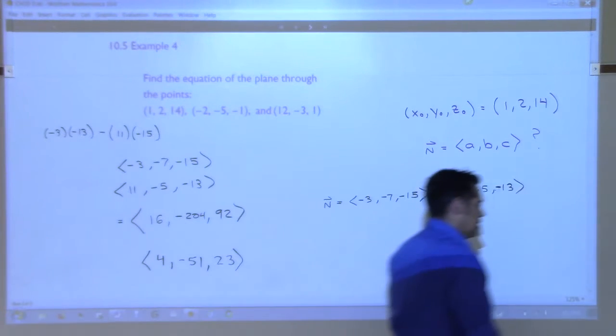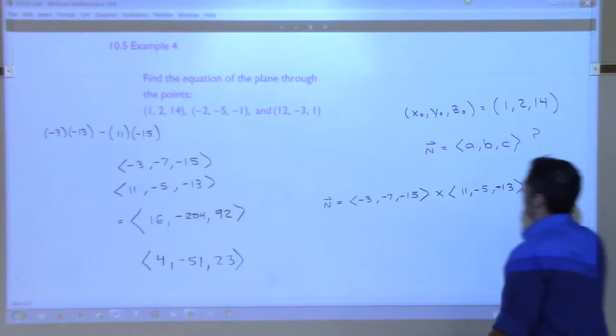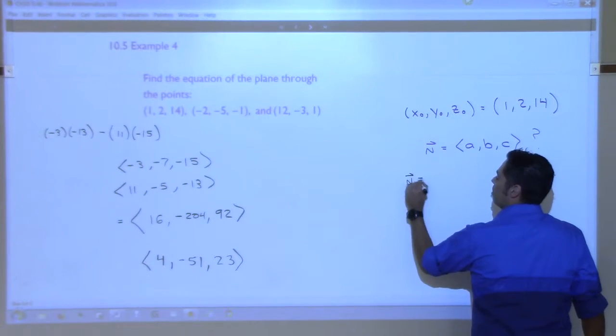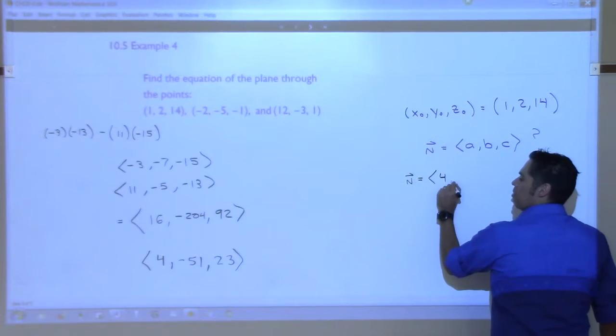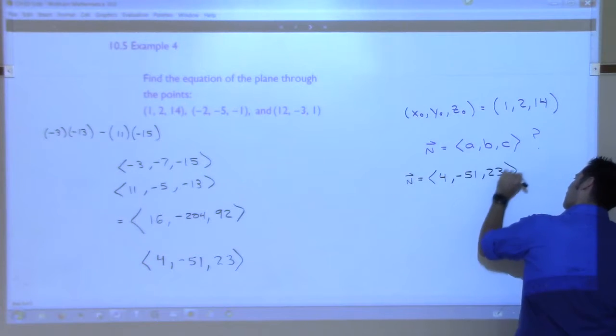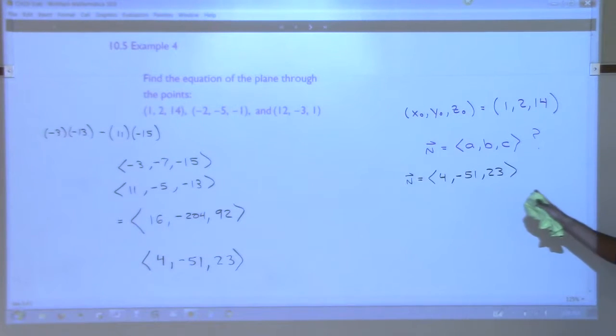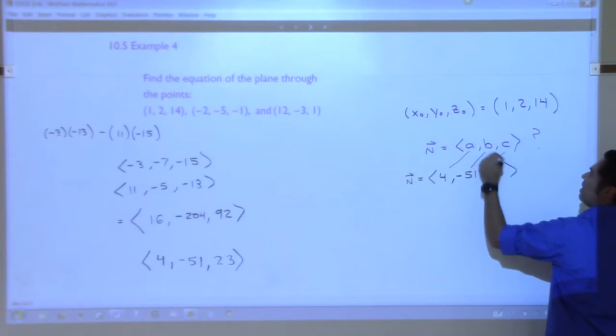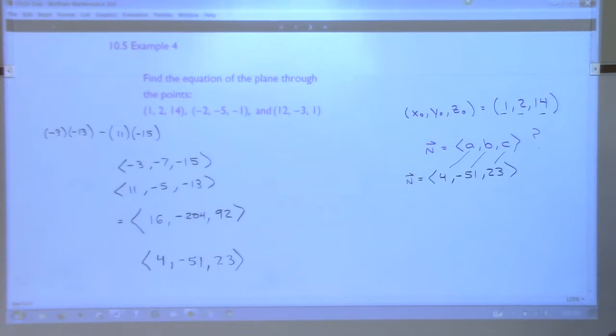So the normal vector that I'm going to use is this. And remember, that's your A, your B, and your C, and this is your x naught, y naught, z naught, and now you go straight to the equation, which I erased.